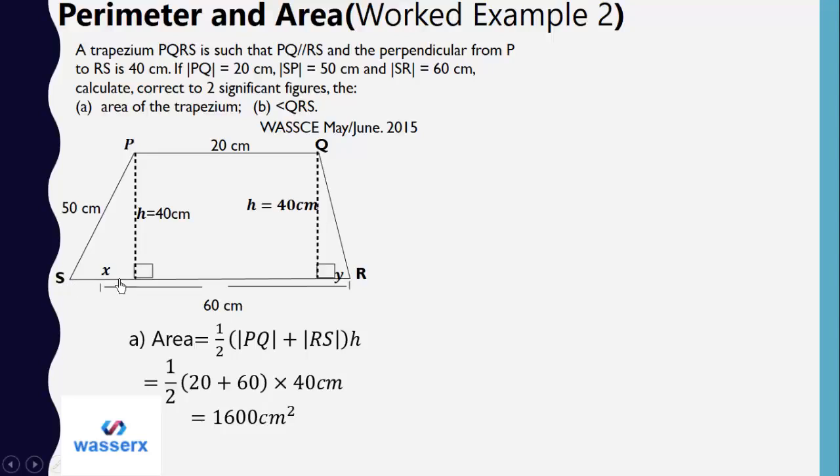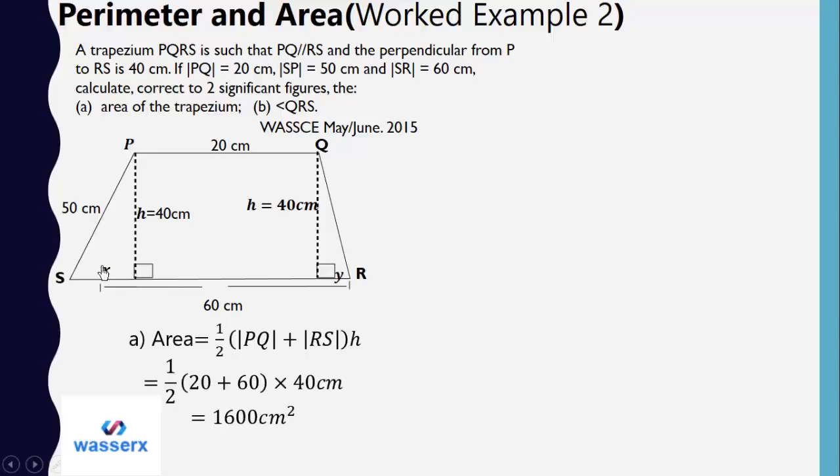So we call this length X. We have to know any two of the sides of this triangle over here. So now we know only one, so we need to determine this length over here. We can never say that this is equal to this, because they didn't say that it is an isosceles trapezium. So we need to determine this.